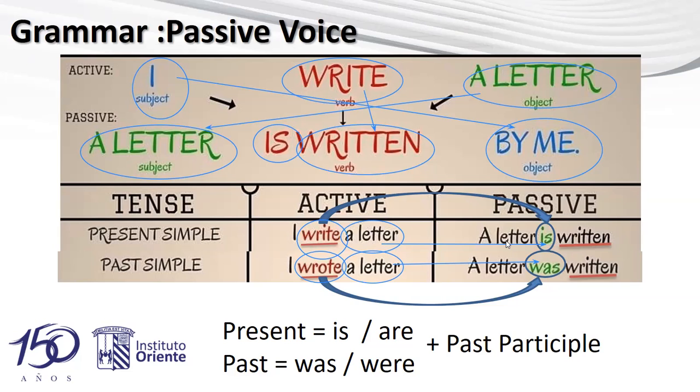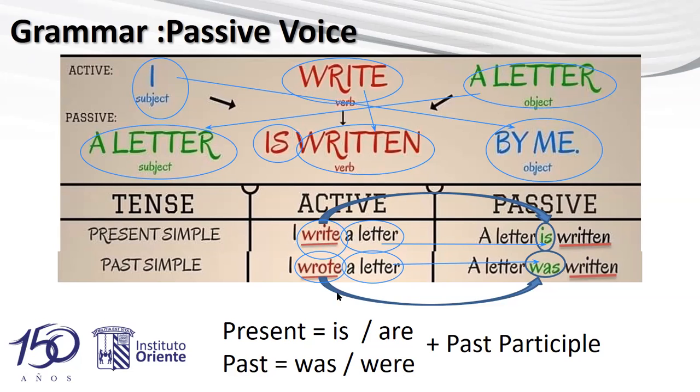Present or past. If your verb is in present, you need is or are. If the verb is in past, you need was or were. And the past participle of the verb, in this case, is written.